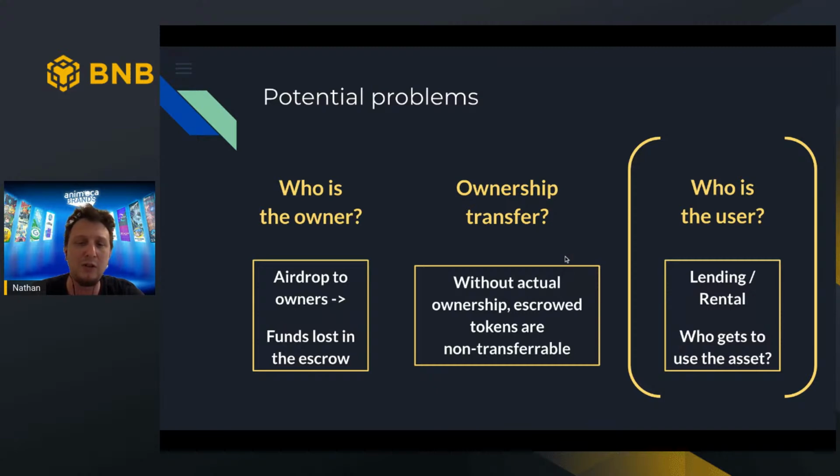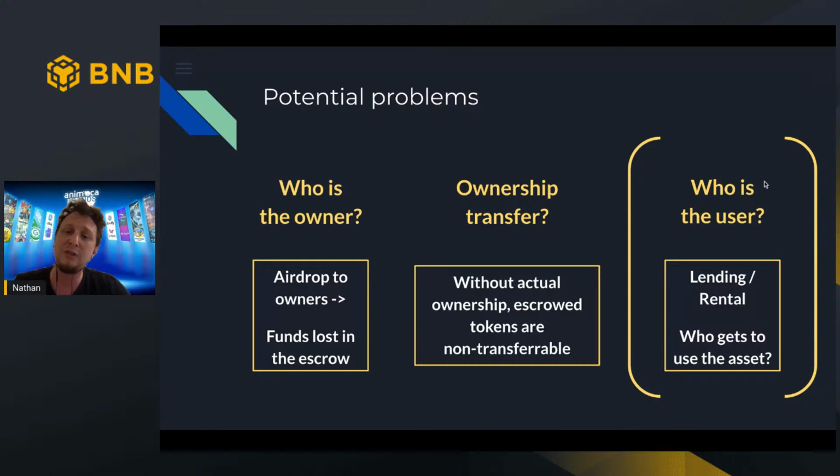So think of this use case: you're renting out a token, and you have a contract with your tenant that it will be rented out for a year, and you will get, say, a monthly rent for that. But then you would like to be able to sell your token with the lease attached to it. This is something which is usually not managed.